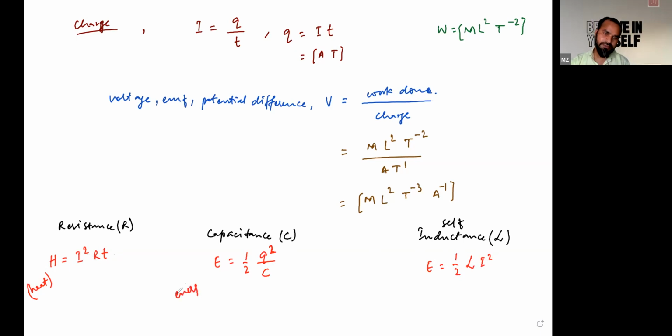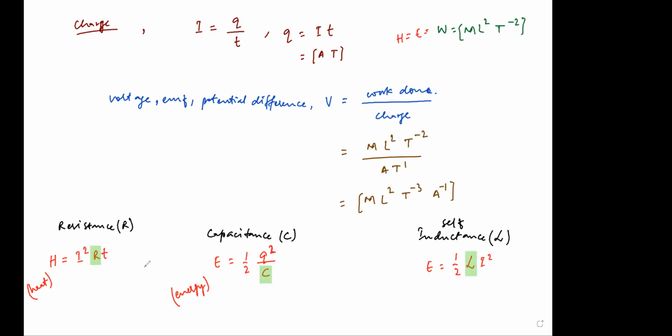E is energy. Work done, energy, heat, all resemble the same dimension formula. So just put the dimension and try to simplify the rest. From the first equation, try to solve for R, from the second equation, try to solve for C, and from the third equation, try to solve for L.